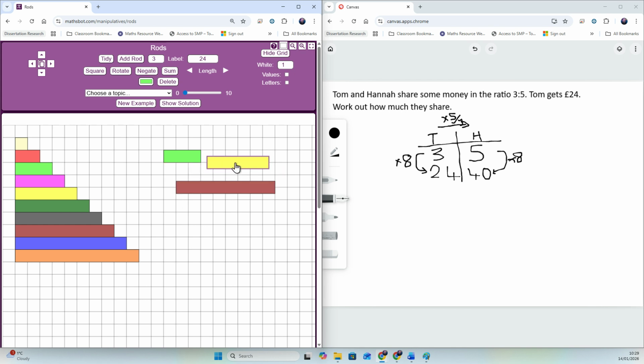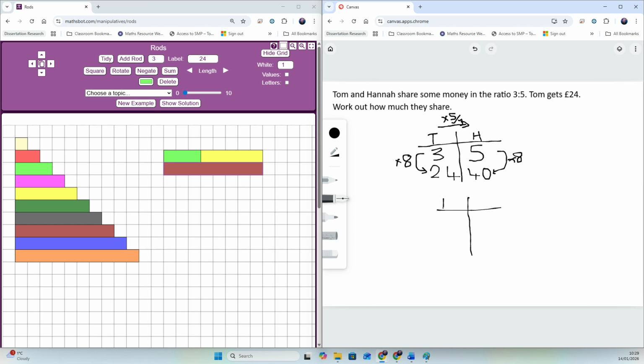And we can see here, of course, that if we put the 3 and the 5 next to each other, that's the 8, which would be a sort of standard way of representing that ratio if I am interested in total, or indeed if I'm sharing total, which for me comes later. So I could look at Tom here, and of course, because I've chosen Tom, I'm going to have to write it all out compared to total.